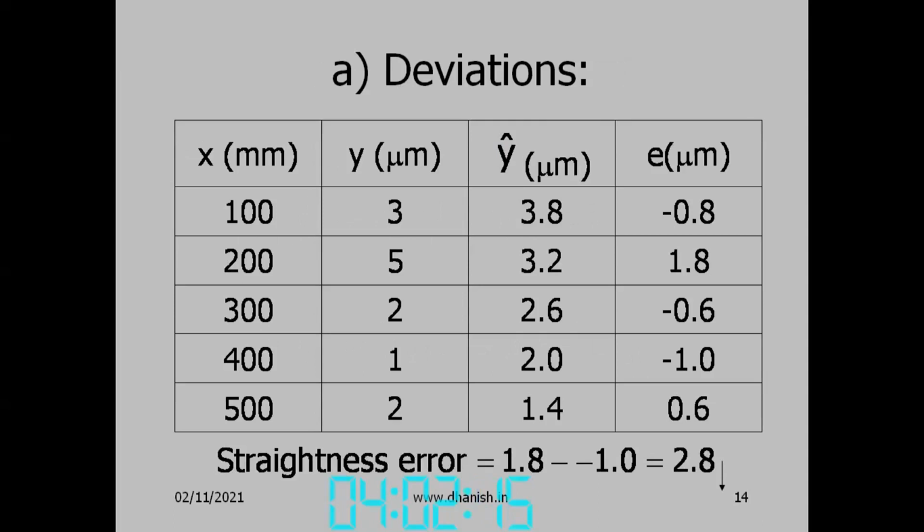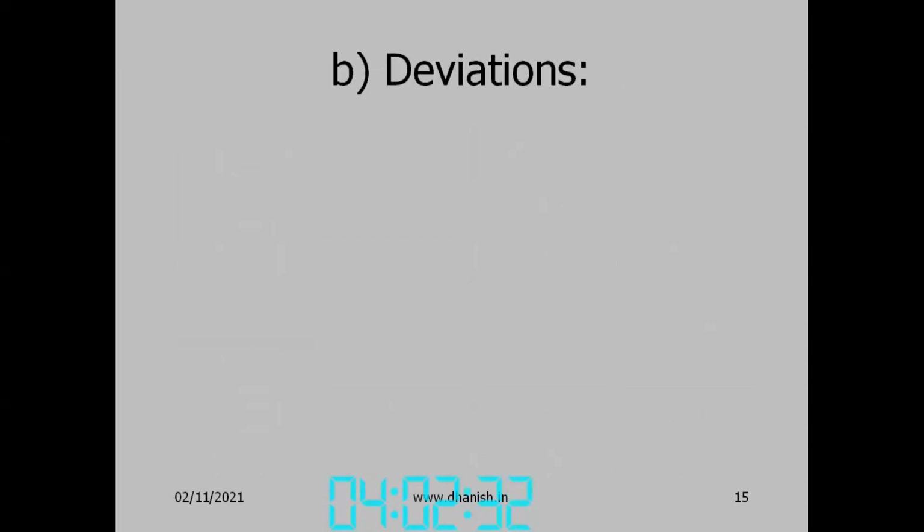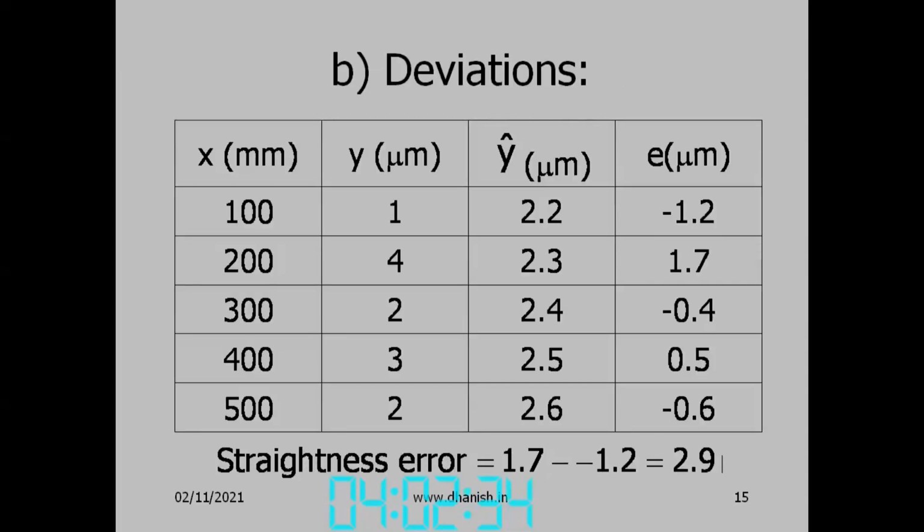So this is lower than the error calculated using the endpoint line. Anyway, this is how straightness error with respect to the least squares line is calculated. This is the straightness error for the second data set.